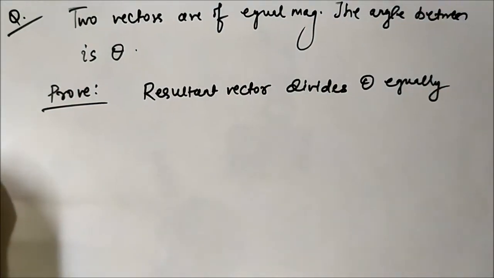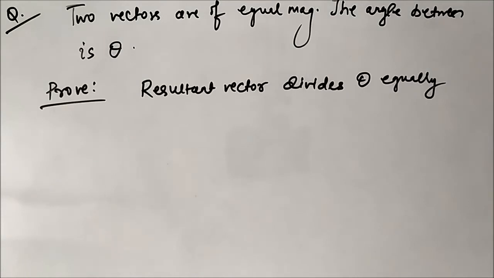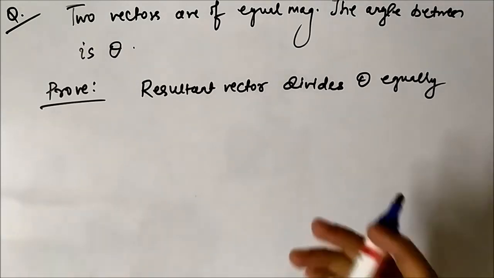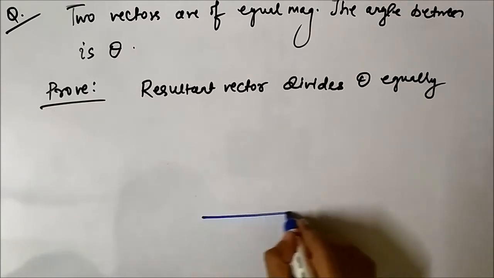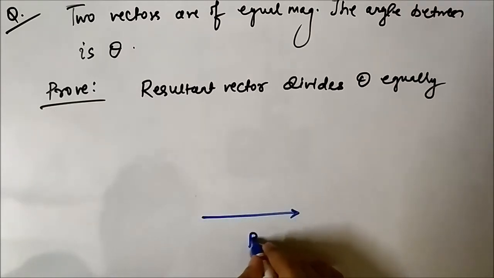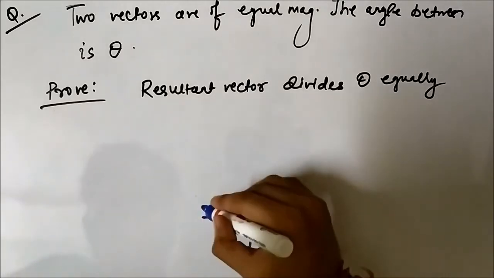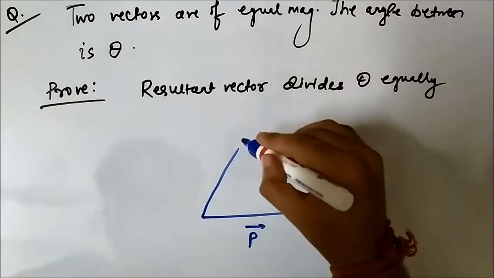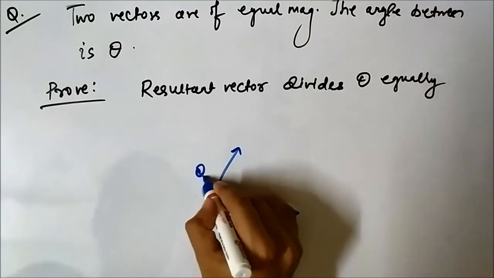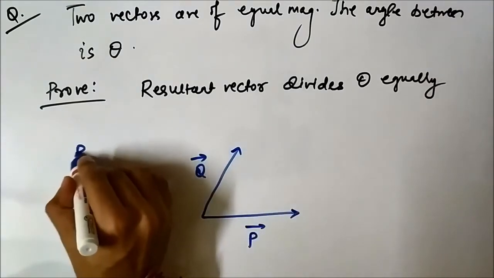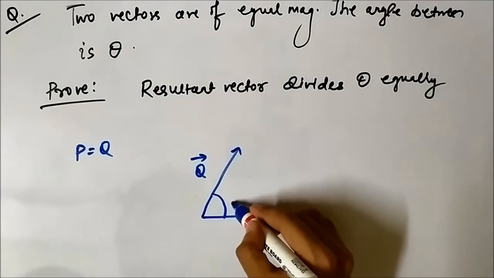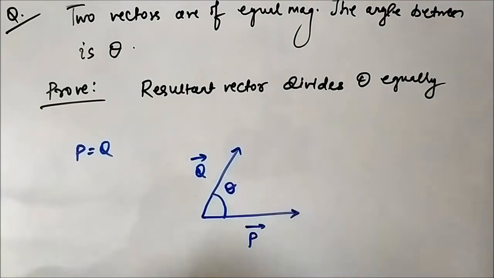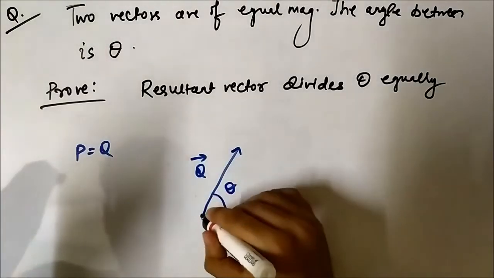Let me just explain this question. According to the question, there are two equal vectors, P vector and, let's say it's like this, Q vector. Both are of equal magnitude, p is equal to q. They are at an angle of theta. There will be a resultant, which let's say is this.